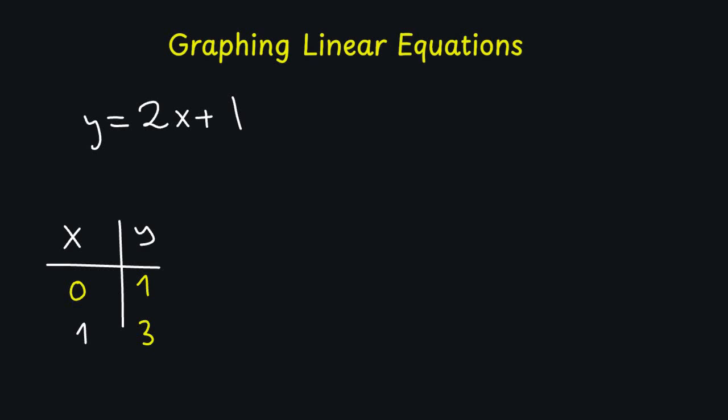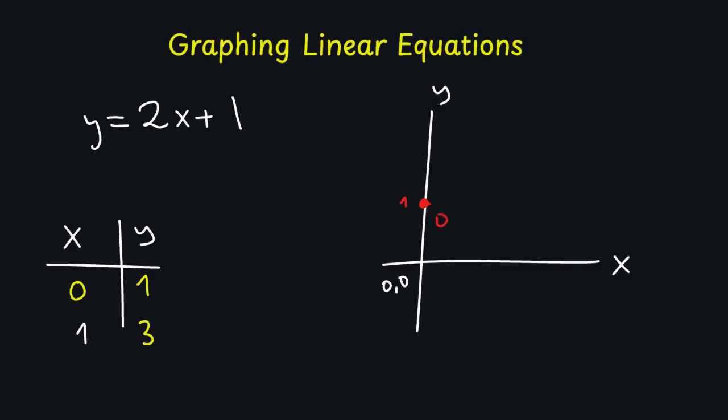Let me draw the xy coordinate plane. Let's say this is x, this is y, that's the origin, (0, 0). My first point is x is 0, y is 1. Since x is 0, the point will be on the y-axis. So let's say this is 1, and that's the point (0, 1).